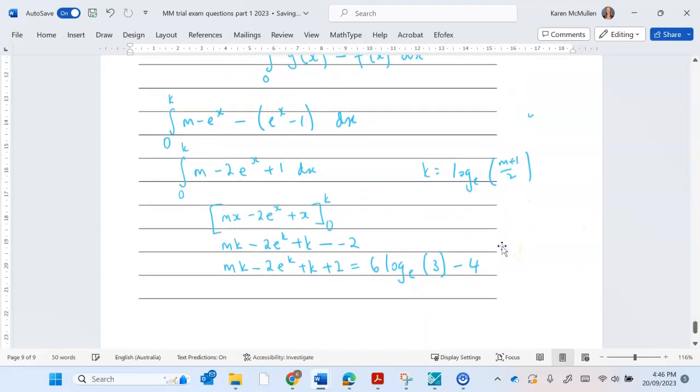Alright, so we're going to substitute that in. So we're going to have m log base e of (m plus 1) over 2. Everywhere we see k, we're just going to substitute in that log, minus 2e, this is annoying, log base e of (m plus 1) over 2, plus k, so log e of (m plus 1) over 2, plus 2.